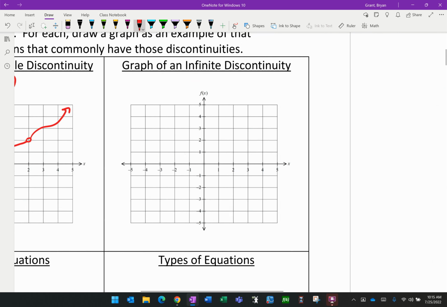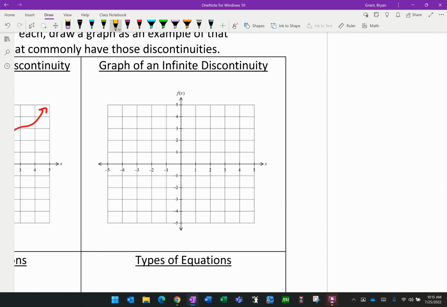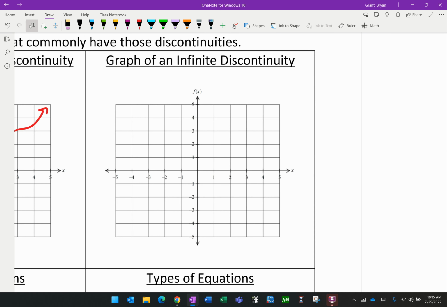All right, and moving on to our last one, an infinite discontinuity. This is the one you might be least familiar with, even though you've graphed equations like this before. An infinite discontinuity means that at the discontinuity, at the place where you have to pick up your pencil, your graph goes infinitely up, or infinitely down, or even both.